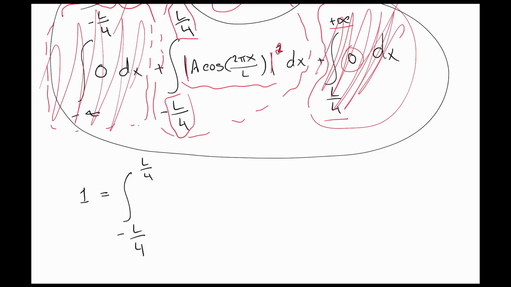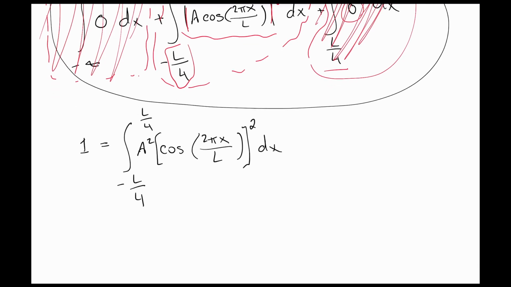I can now distribute the square, so we have A squared cosine squared of 2 pi x over L dx. If you distribute the square on a trigonometric function, you could write it over here, or you could do this and write it over here. So both of those work. I'll just keep it as this right now. And the absolute value brackets disappear because we're squaring, so everything in here should be positive.